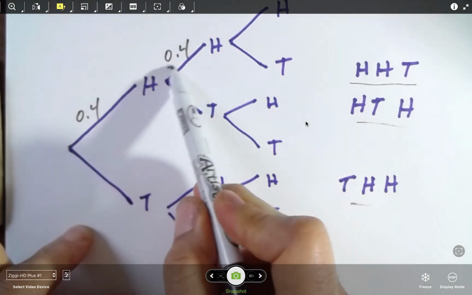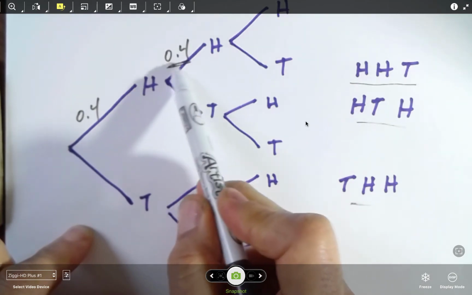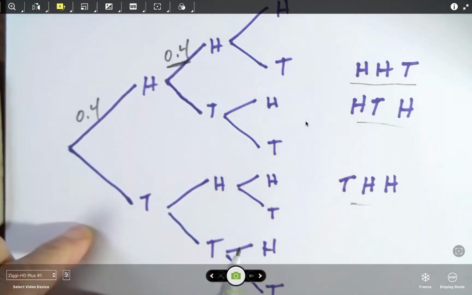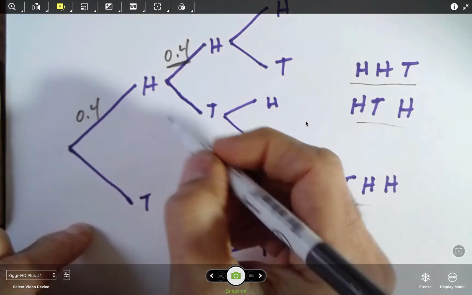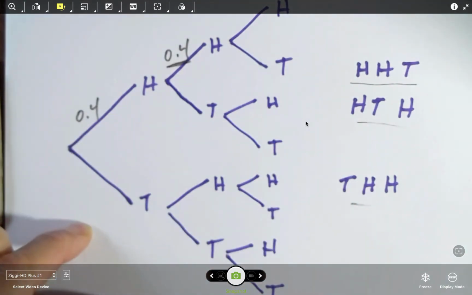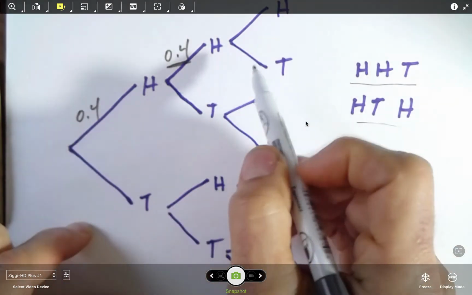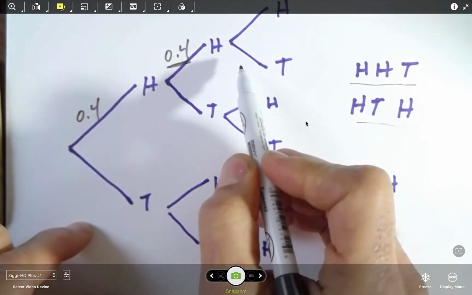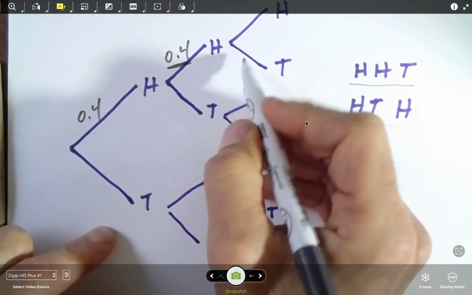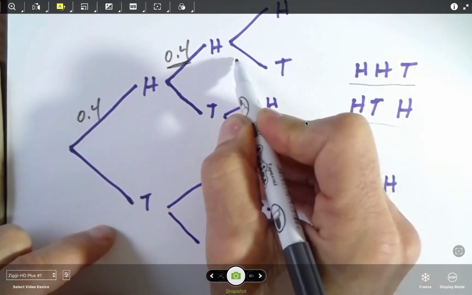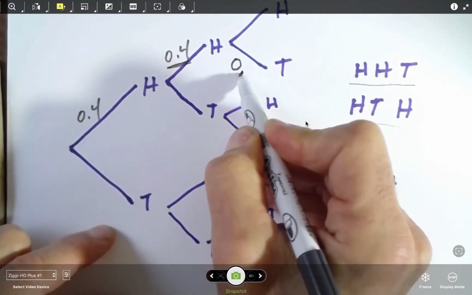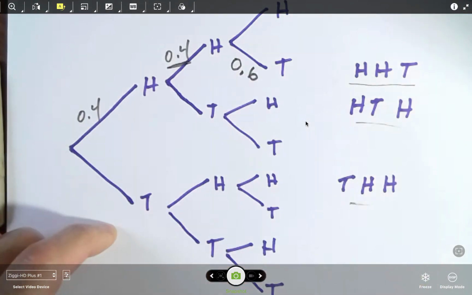So this is the probability of getting heads on the second, given that we got a heads on the first. Well, we know that these are independent events. So the probability of getting a head on the second is the same as that of getting a head, given that there's a first head on the first. Also, we know that the probability of tails is just going to be 0.6.